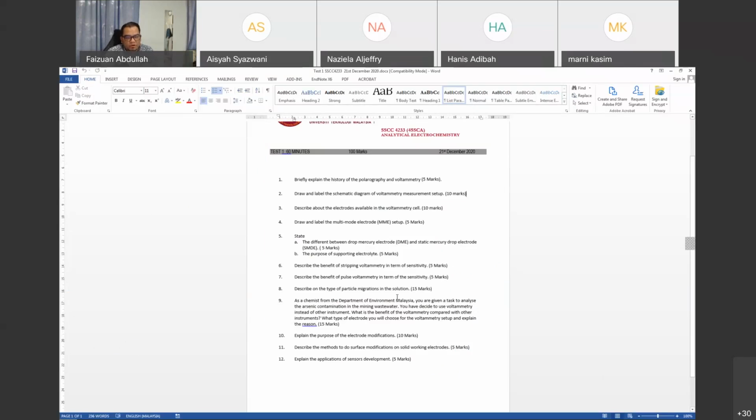State the difference between drop mercury electrode DME and static mercury drop electrode SMDE. Apa beza dia? Apa beza DME dengan SMDE? Anyone?